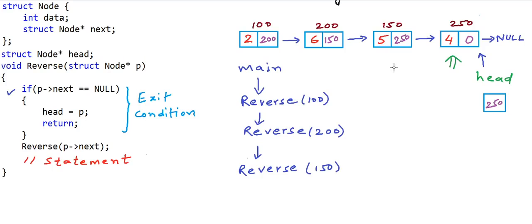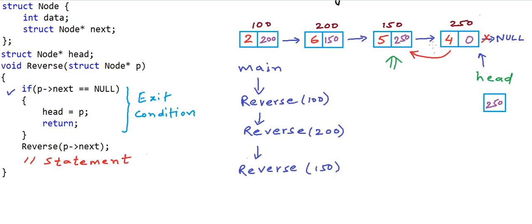Now when we come to 150, we can make sure the list is reversed till 150 when we finish the execution of reverse 150. To do that, we can write statements like this. We will have to do two things. We will have to cut this node and make this guy point to this guy.